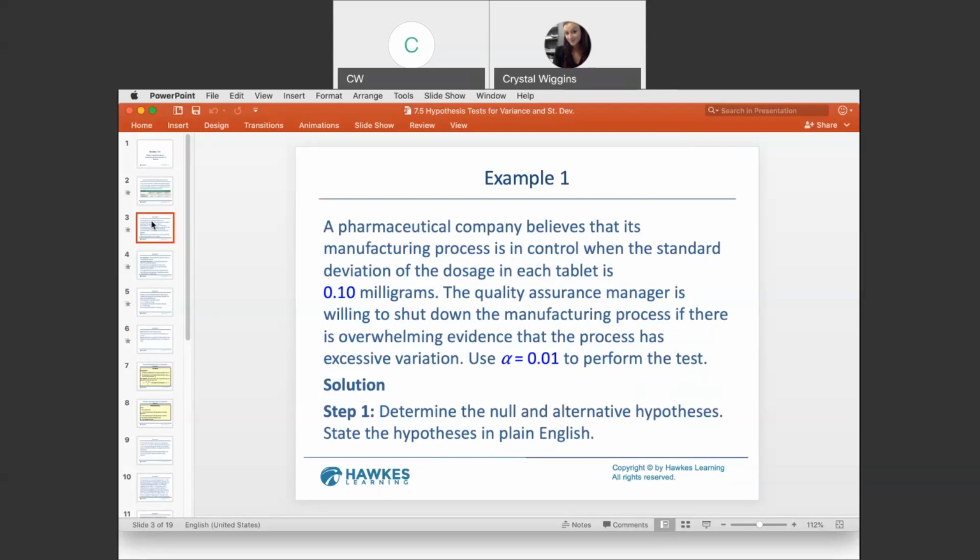Now, we want to use an alpha of 0.01 to perform a test to determine whether there is an excessive variation or not. Step 1 is to determine the null and the alternative hypotheses.